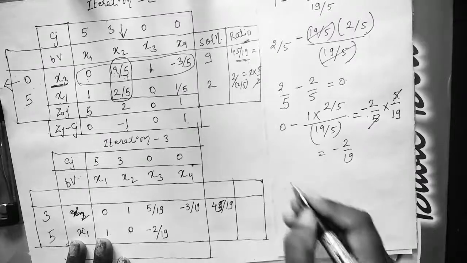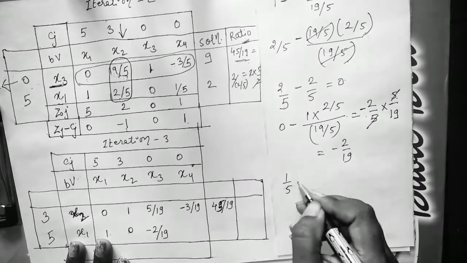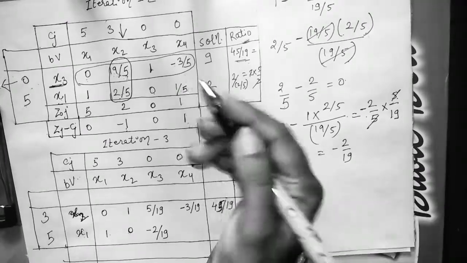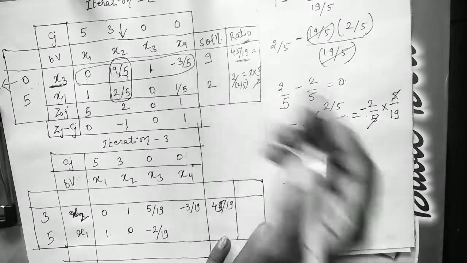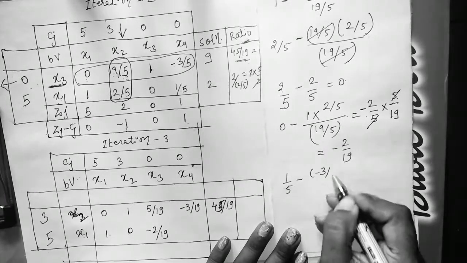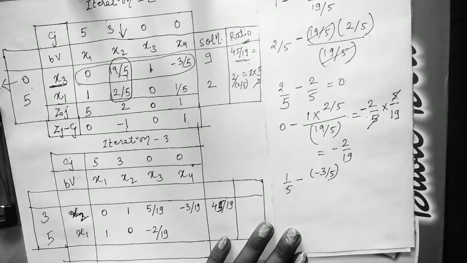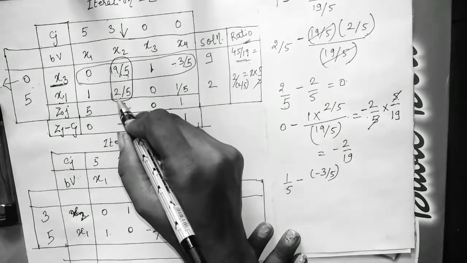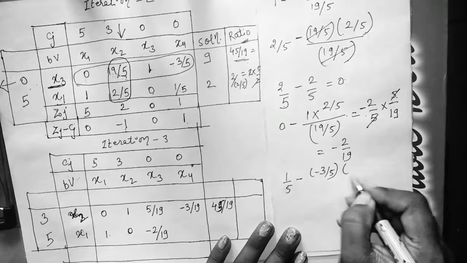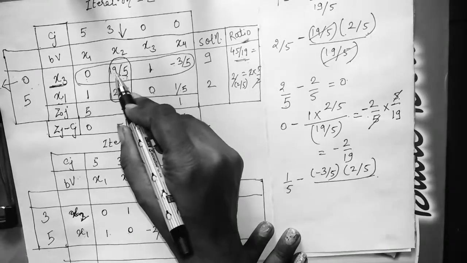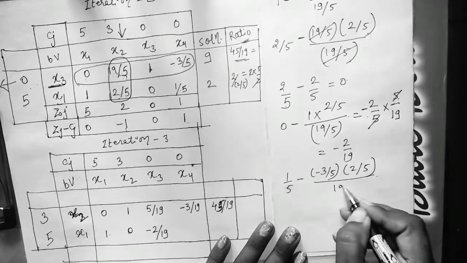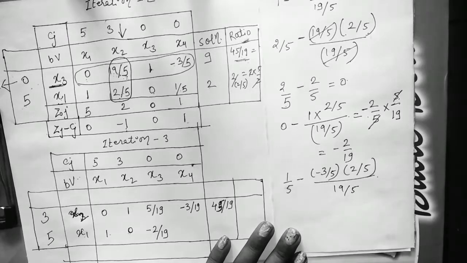This is the old value, 1 upon 5, minus the corresponding key row element, which is minus 3 upon 5, into the corresponding key column element, which is 2 upon 5, upon the key element, which is 19 upon 5.